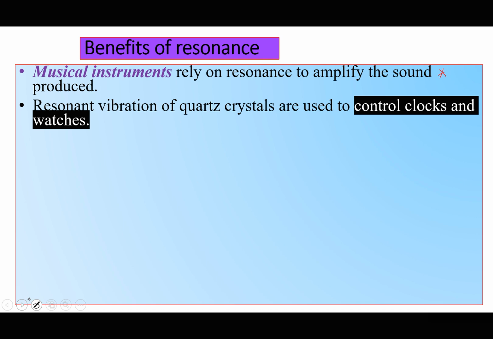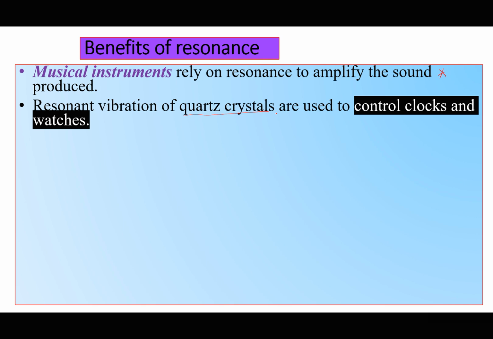resonant vibrations of quasicrystals, which are used to control clocks and watches. We shall talk about the quasicrystal in medical physics, especially ultrasound. But a quasicrystal vibrates or is made to vibrate at certain frequencies, and at those frequencies, it can control clocks.